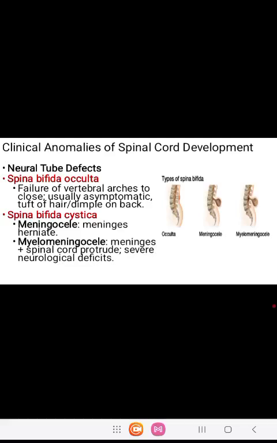The third type is the myelomeningocele, which is a more severe one because it causes severe neurological deficit. And this involves the protrusion of the spinal cord along with the meninges in that region that was not fused. And you can see that from the diagram that is shown.